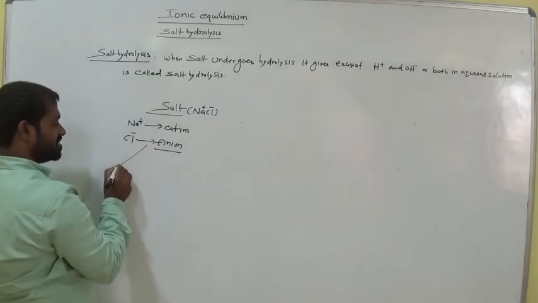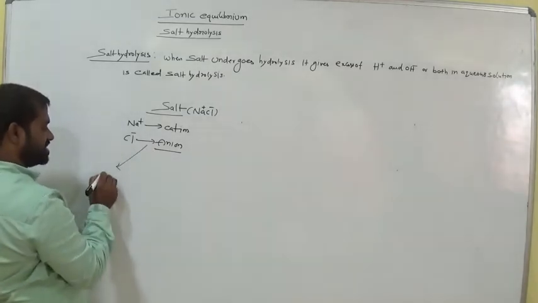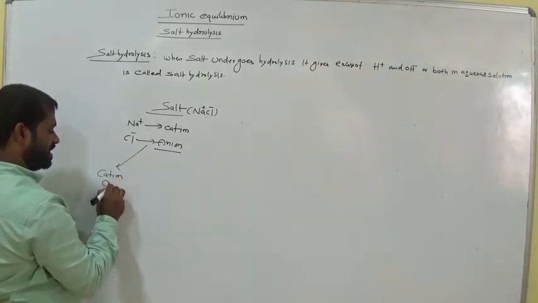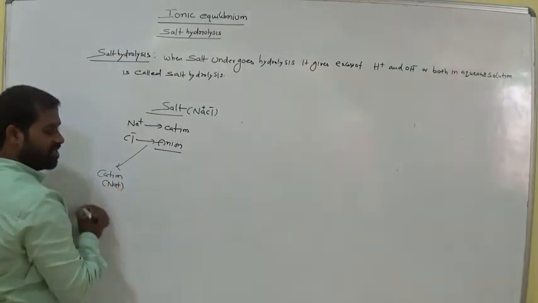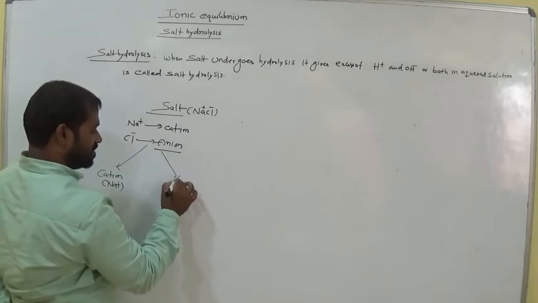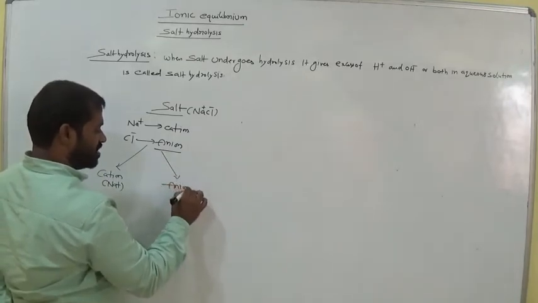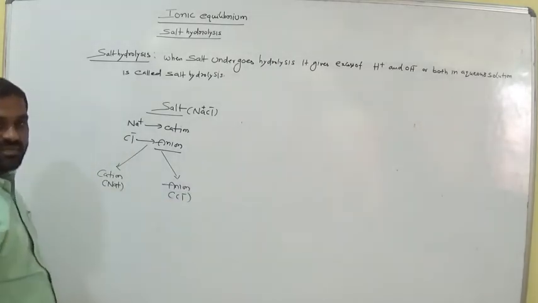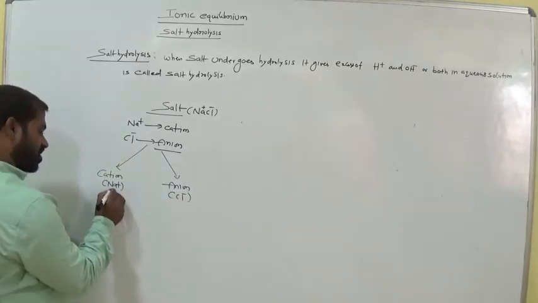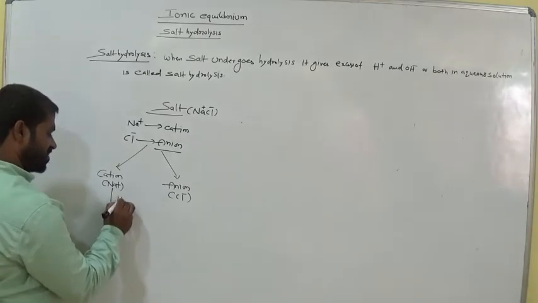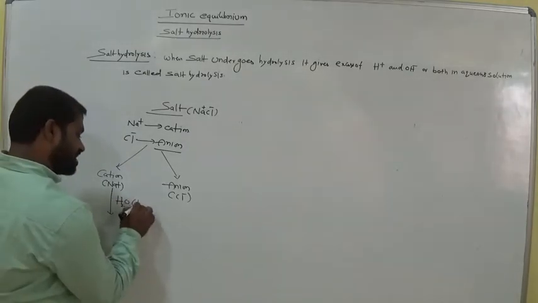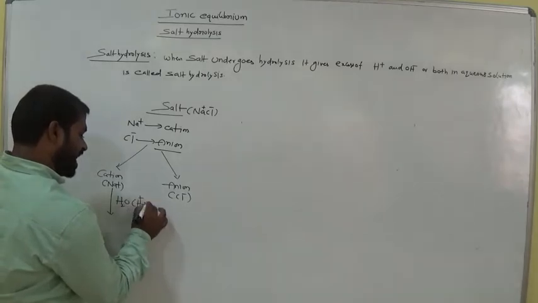Now this salt consists of a cation, for example Na plus, and an anion. What is the anion here? Cl minus. Now this cation undergoes hydrolysis, that means we add the water. What are the ions present in the water? H plus and OH minus.